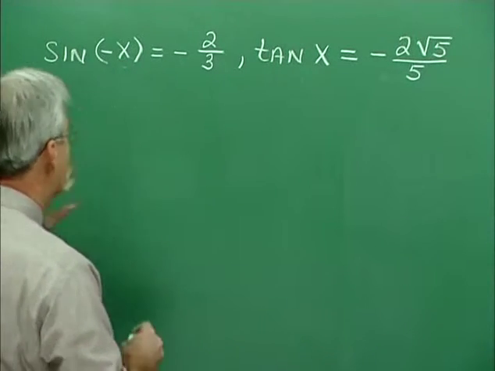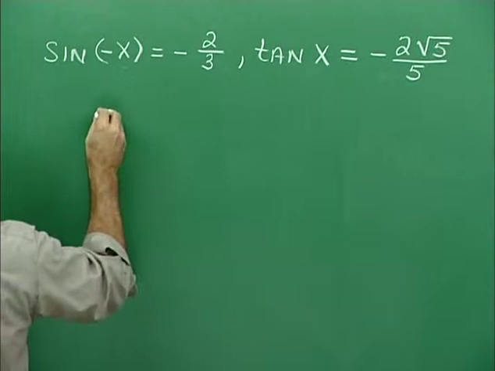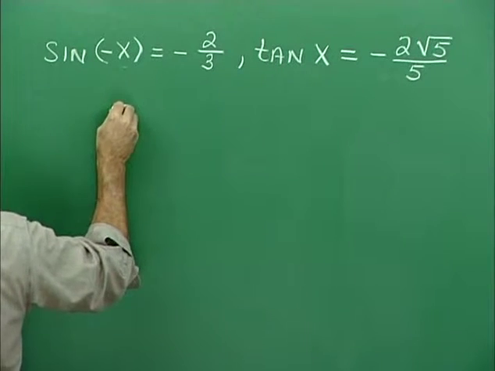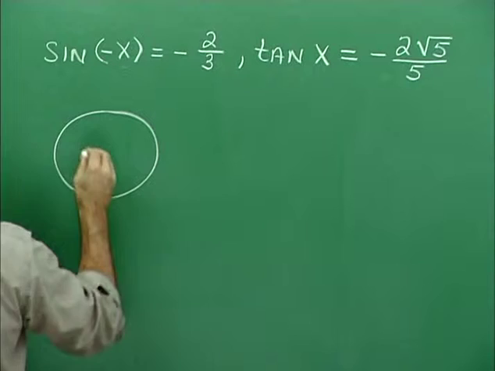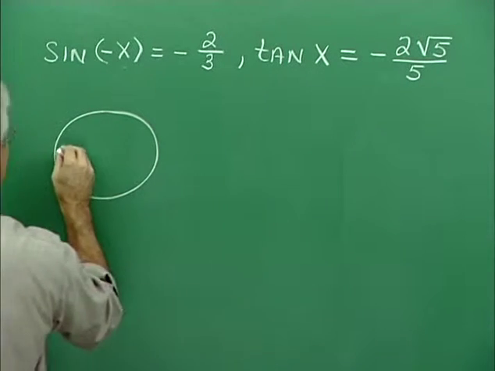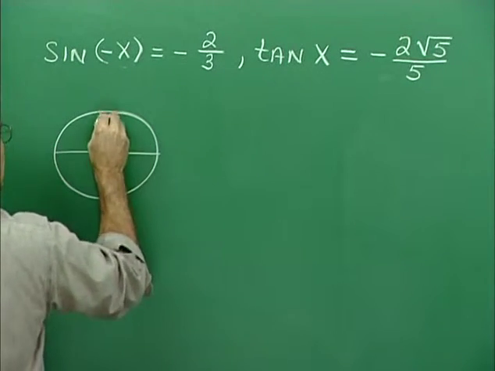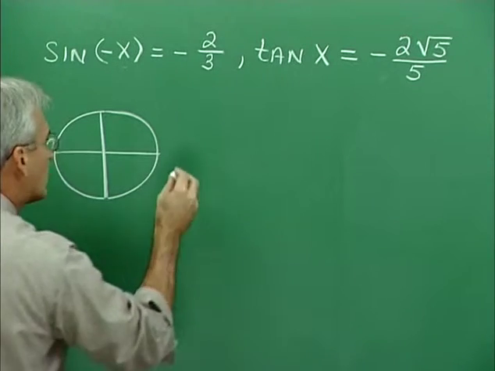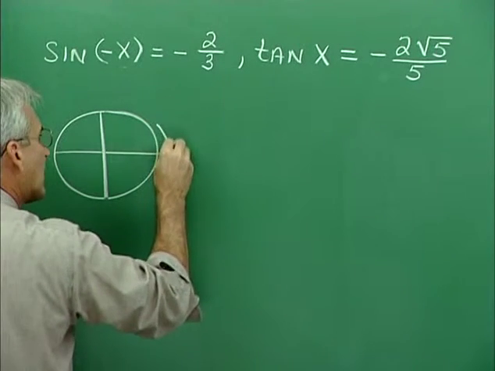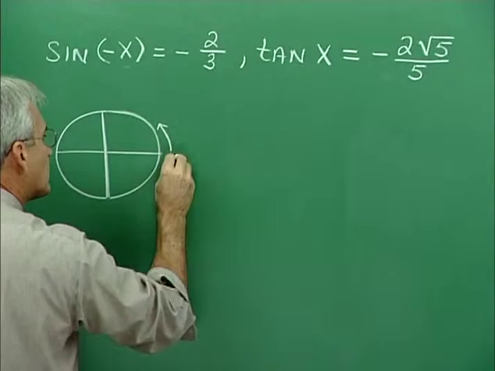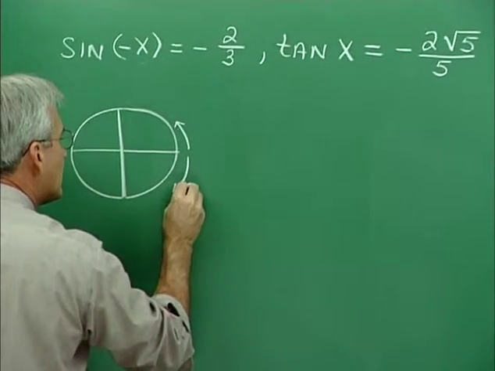Now, we talked about this in the past, but I want to make sure we have a good understanding of it. The idea was that when we talk about negative angles, we think about what happens when angles are generated in this direction and angles are generated in this direction.